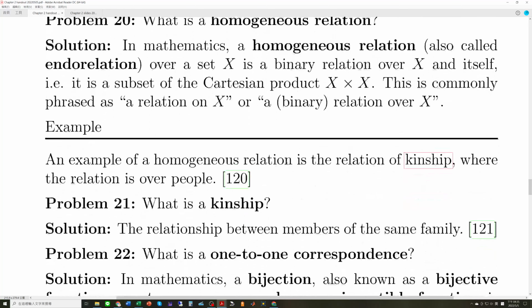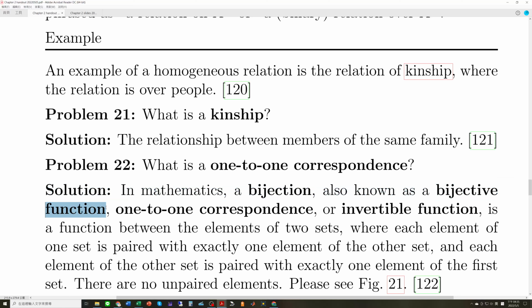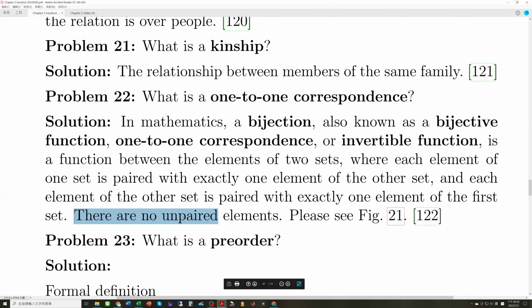In mathematics, a bijection, also known as a bijective function, one-to-one correspondence, or invertible function, is a function between the elements of two sets, where each element of one set is paired with exactly one element of the other set, and each element of the other set is paired with exactly one element of the first set. So there are no unpaired elements.